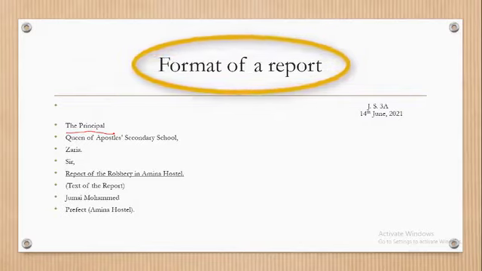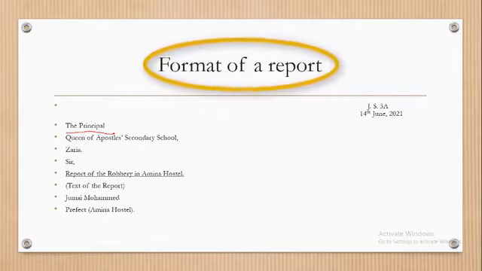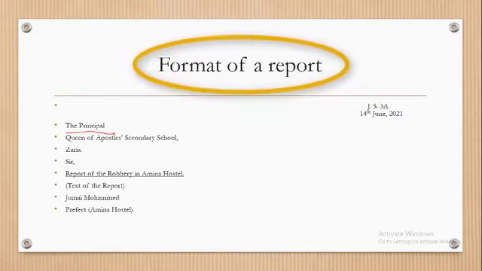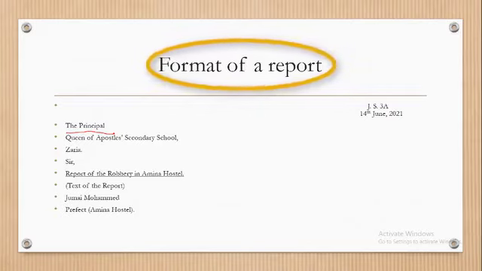Then we have the text of the report, which is the body, the content of the report itself. You have to give a detailed explanation, and in conclusion, you write your name at the end of the report and state the position you occupy, if any.